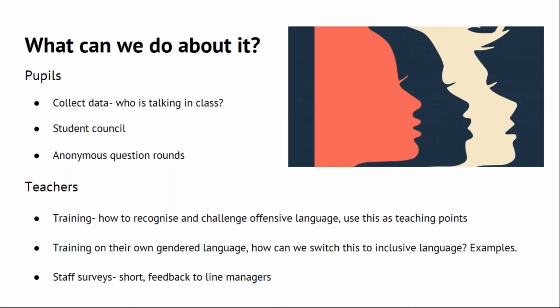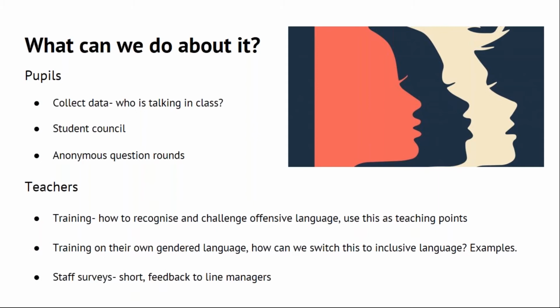And so if we're thinking about the power of language, and we're wanting to make sure that our pupils are confident speakers, and they can walk into interviews, and they can walk into meeting people, and they have that confidence, then they need to be talking, they need to be expressing their views.